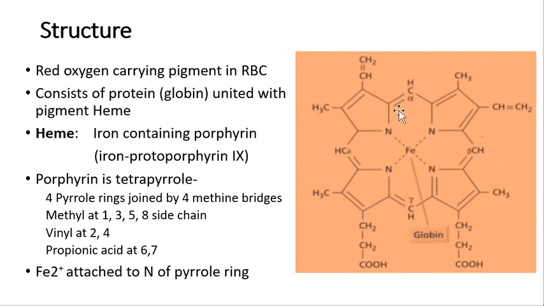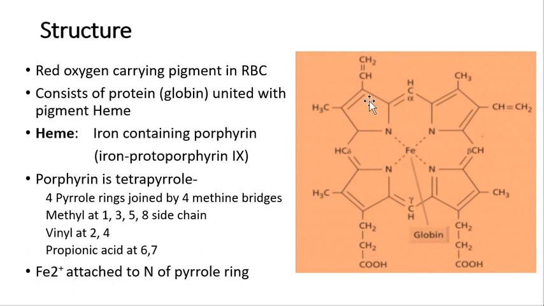At the second and fourth positions we attach vinyl, which is CH2. Propionic acid is at 6 and 7. This is 6 propionic acid and this is the 7th.